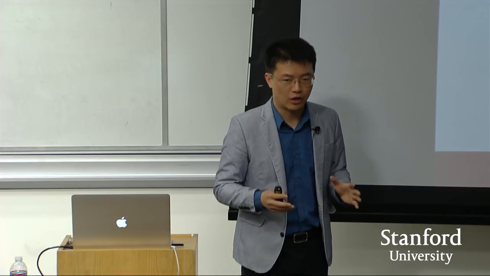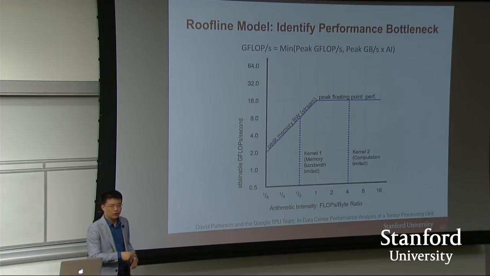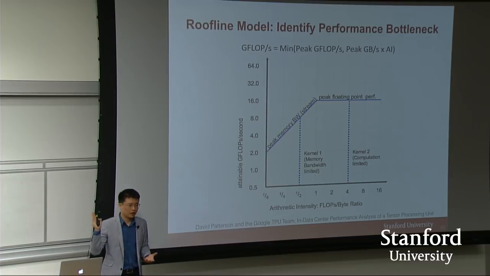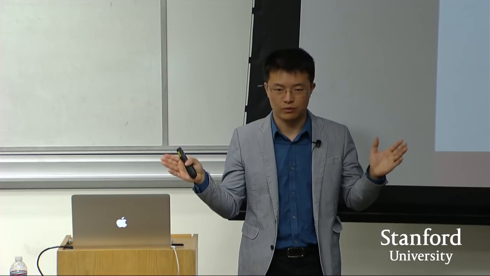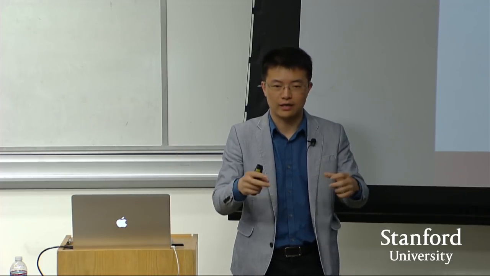Remember just now we have seen 90 teraops per second. But what number of teraops per second can actually be achieved? This is a basic tool to measure the bottleneck of a computer system, whether you are bottlenecked by the arithmetic or by the memory bandwidth. It's like if you have a bucket, the lowest bar of the bucket determines how much water you can hold.